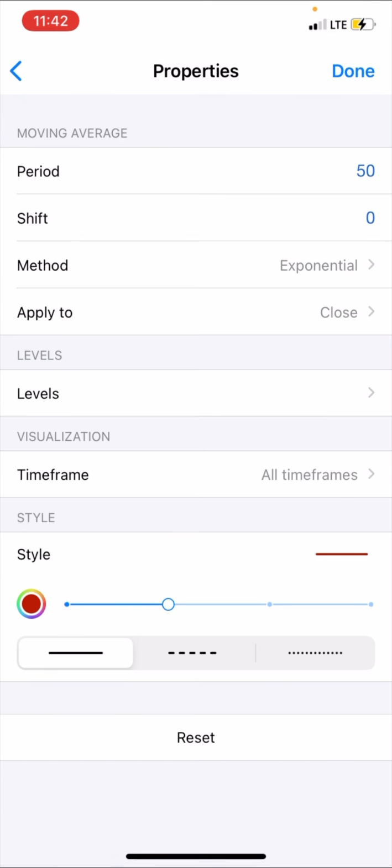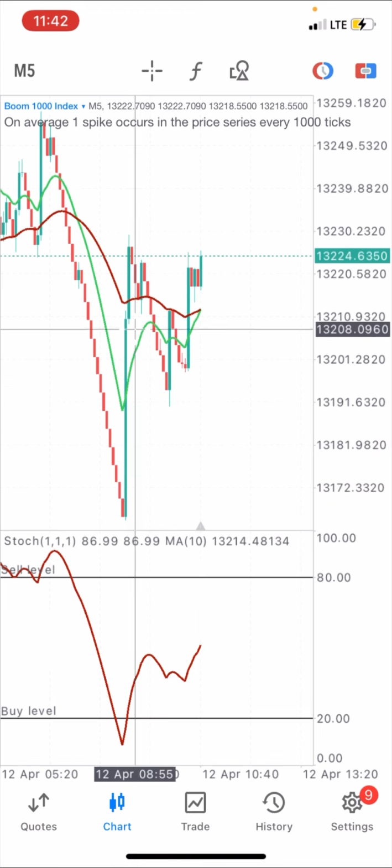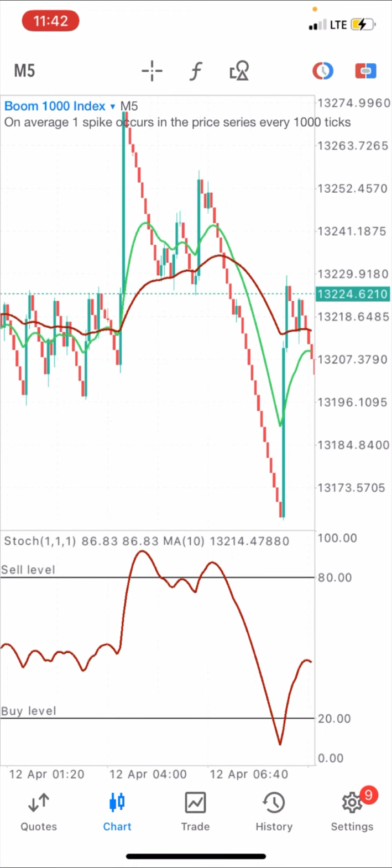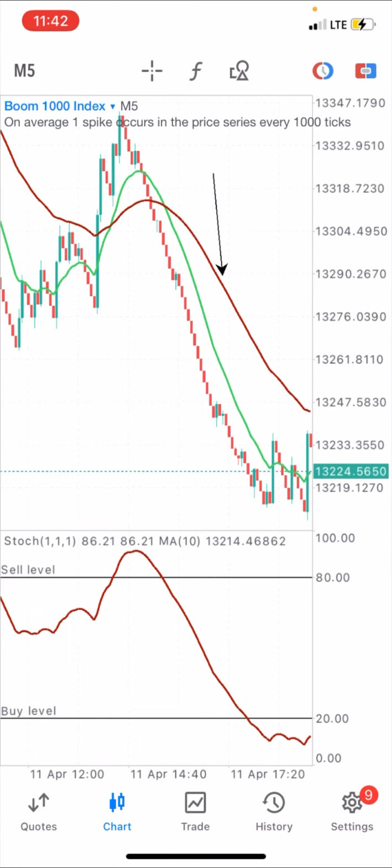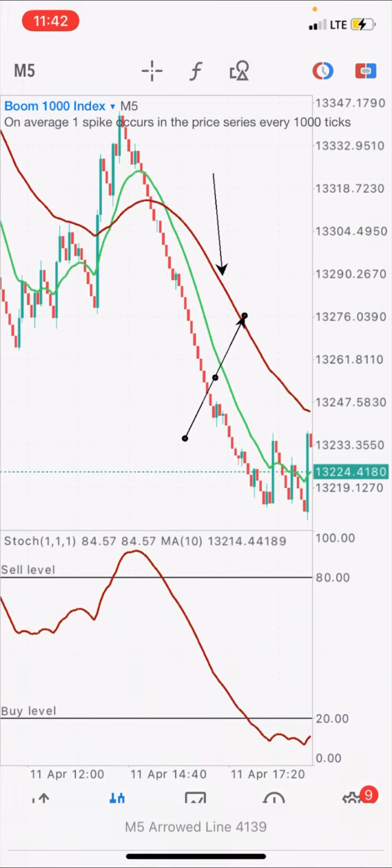So you're done with this. Remember to use 2 pixel also. Click done, and you have these 2 guys on your chart. All right, the 2 moving average lines are on my chart. This is the green, the first one, this is the second one. Okay, so you have that on your main chart.